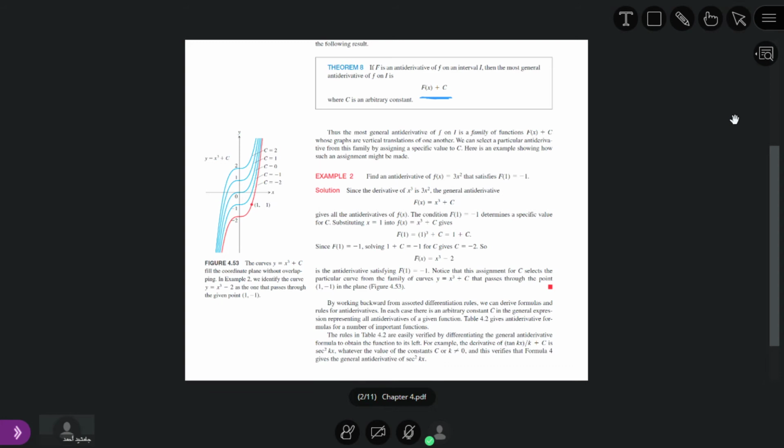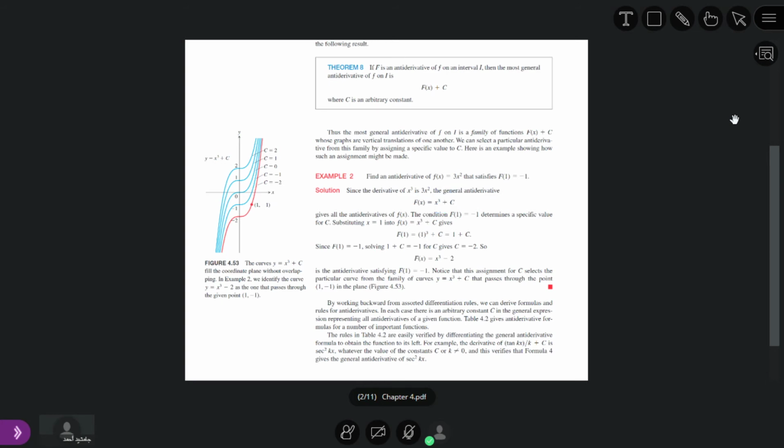The antiderivative of 3x square is x power 3. Why is it x power 3? Because, as we discussed in the previous definition, if we take the derivative of x power 3, we get 3x square. So if we take f dash of x, we get f of x.